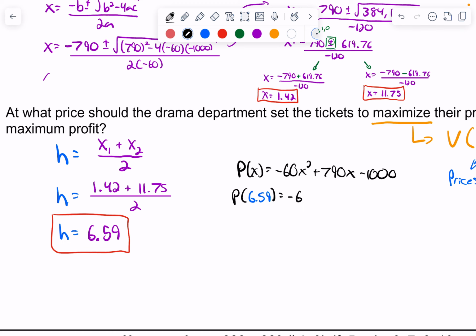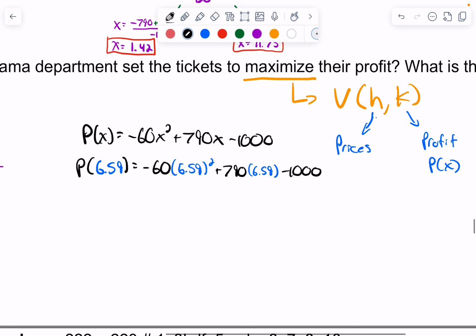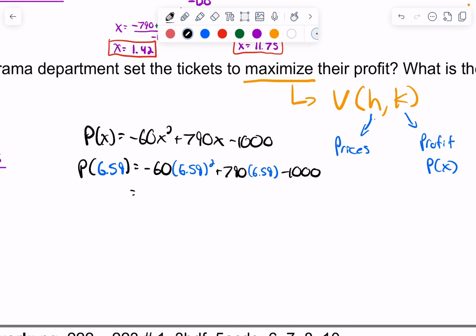So minus 60 times 6.59 squared plus 790 times 6.59 minus 1,000, and again, use your calculator here. You definitely cannot do this in your head. So I will use mine.